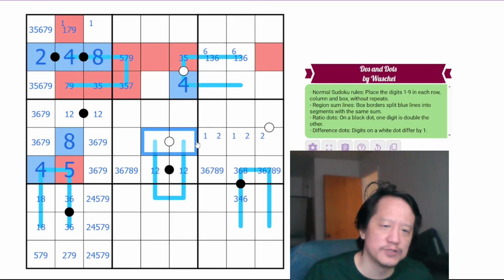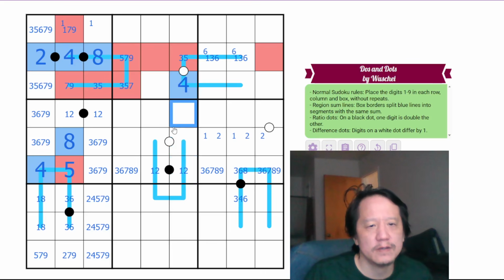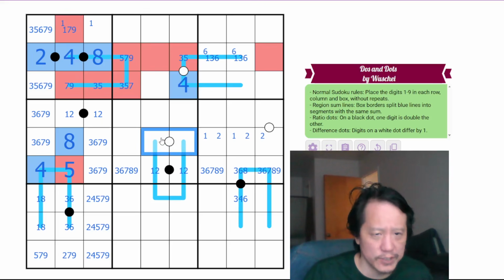We just saw that this was problematic. Sums, right? Cannot be 1 and 2. No 2, 3. This has to, well, we don't know anymore.